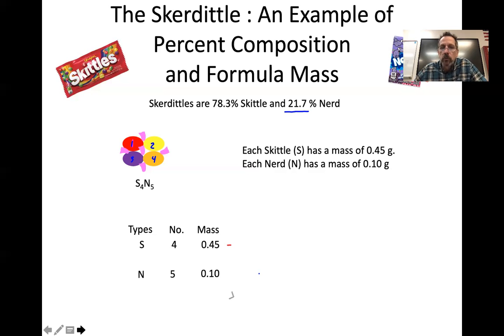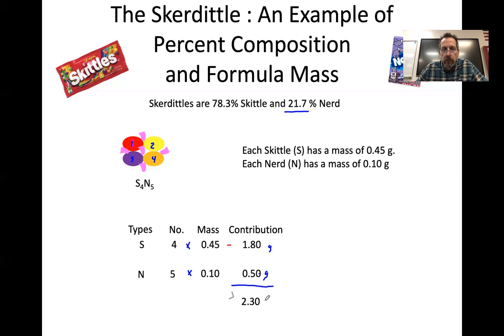Next, we would get the total contribution from each candy item. That would come from multiplying our count, our number, by our mass. And that would give us 2 quantities, 0.5 for nerd and 1.80 for Skittle. And then we would add that together, and that becomes the whole quantity. The whole quantity is 2.30, let's say it's grams.